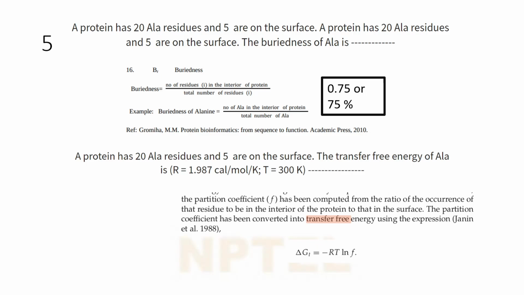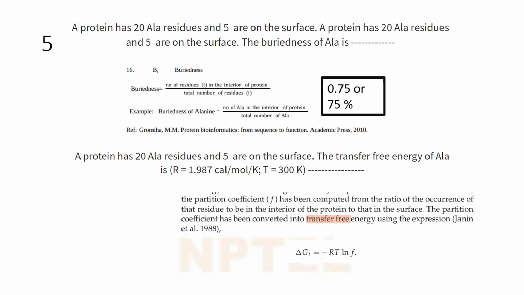Here, F is the partition coefficient, which can be computed from the occurrence of the residue in the interior of the protein and that on the surface. So it is the number of times the amino acid residue is in the interior divided by the number of times it is on the surface.